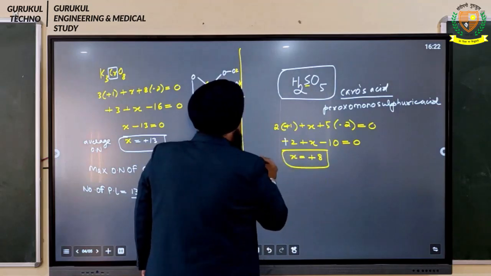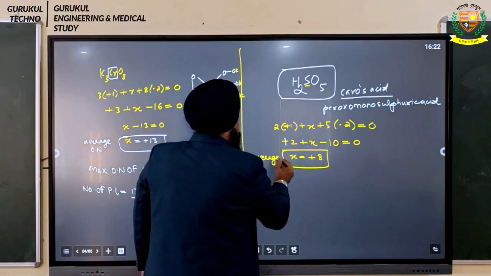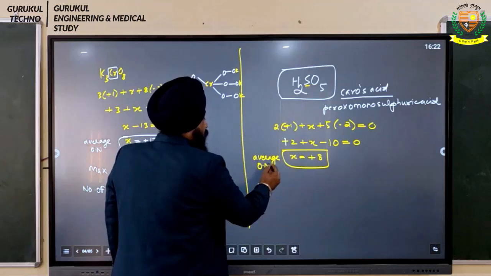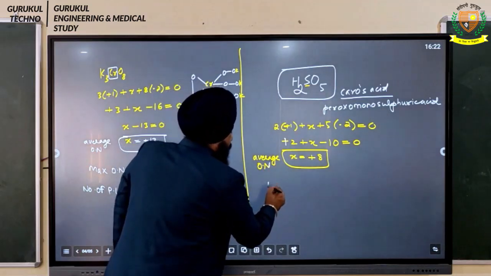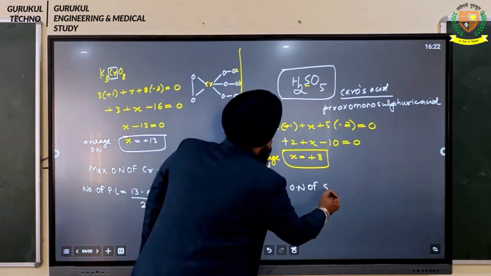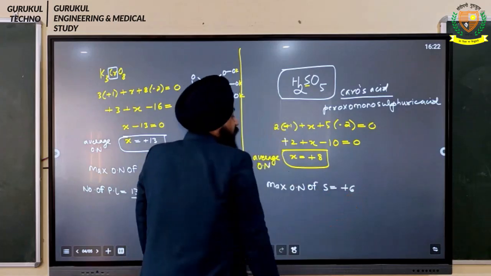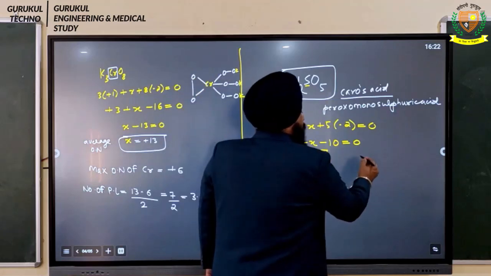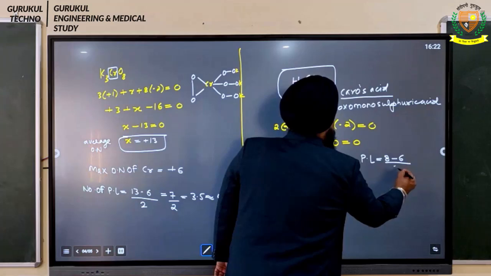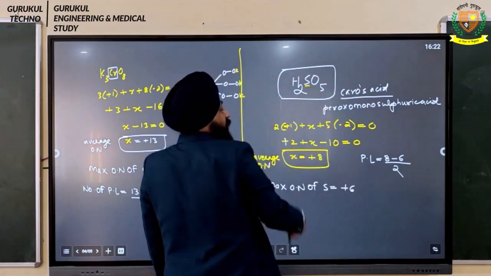What is this number? This is your average oxidation number. And what is the maximum oxidation number of sulfur? It is plus 6. So what formula will you apply? Average minus maximum divided by 2, because there is only one central atom.